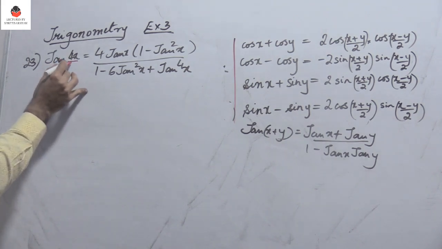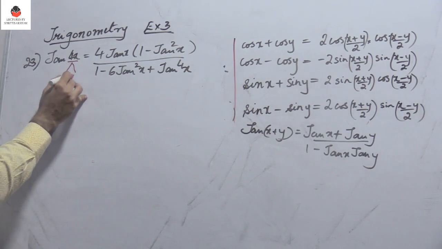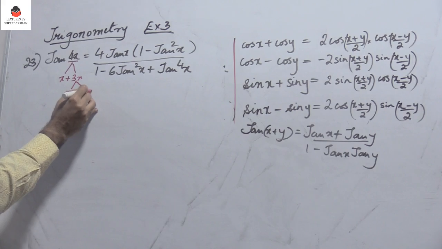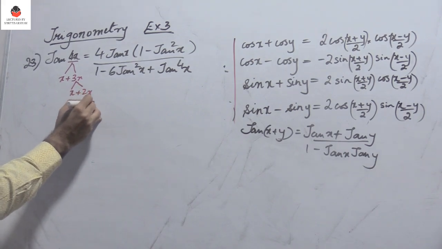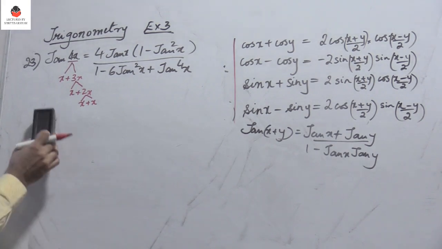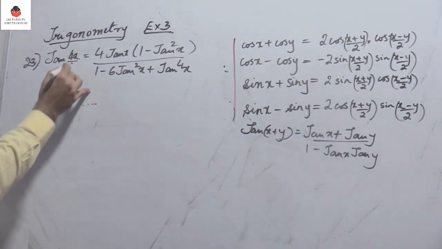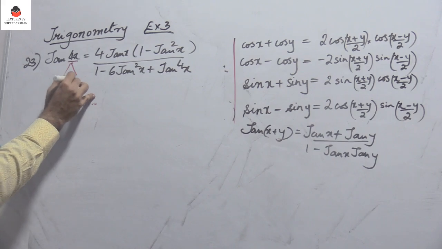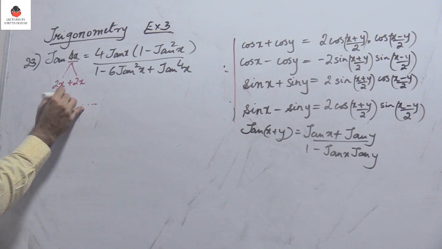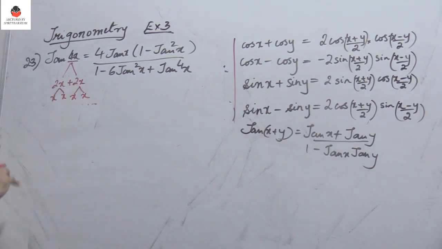I can either split 4x as x plus 3x and again split this as x plus 2x, split this as x plus x, or we can split 4x as 2x plus 2x and then again split 2x as x plus x. There are different ways of doing this problem.